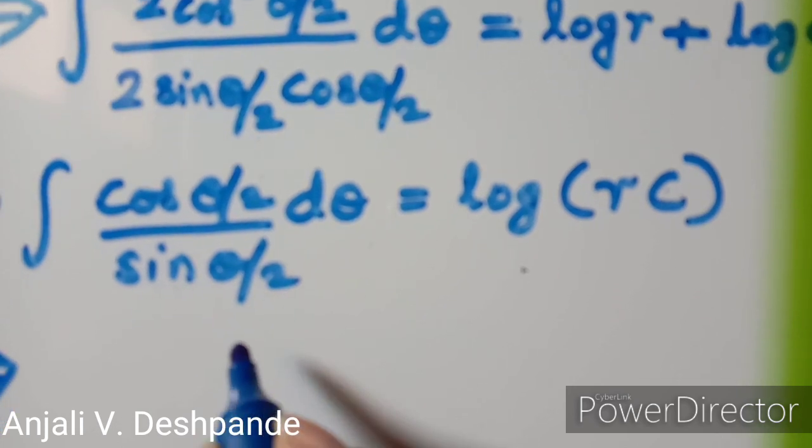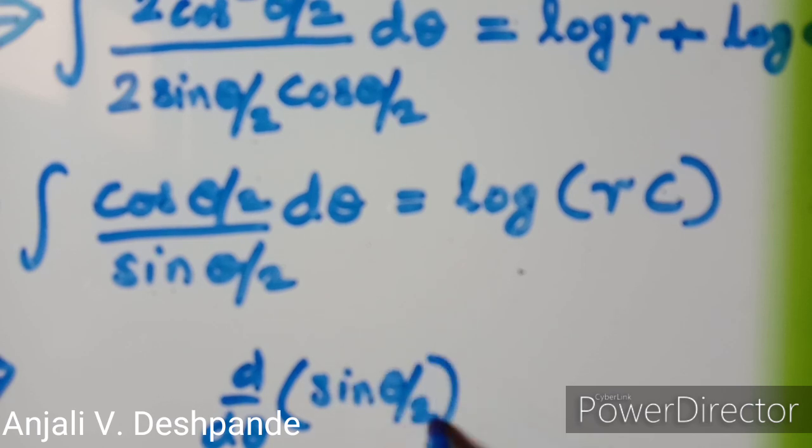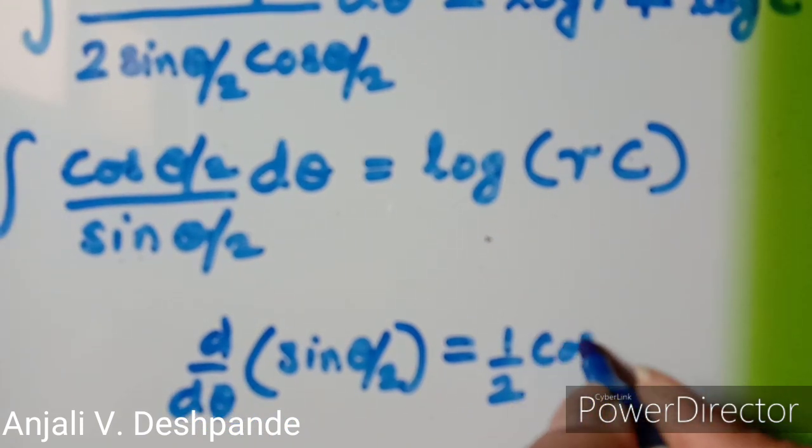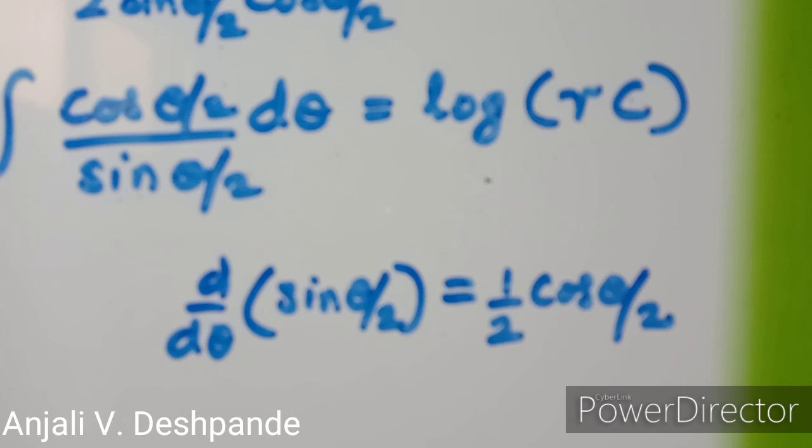What am I trying to say to you? See, d by d theta of sin theta by 2 is equal to 1/2 cos theta by 2, right?